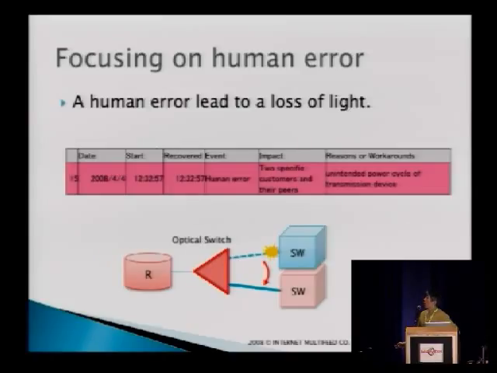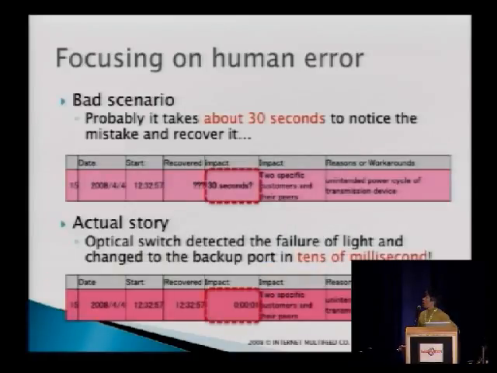Fortunately, the optical switches detected the failure and instantaneously changed to the backup port, so this trouble did not affect our customers' network. But in the bad scenario, it would probably take about 30 seconds to notice the mistake and recover it.